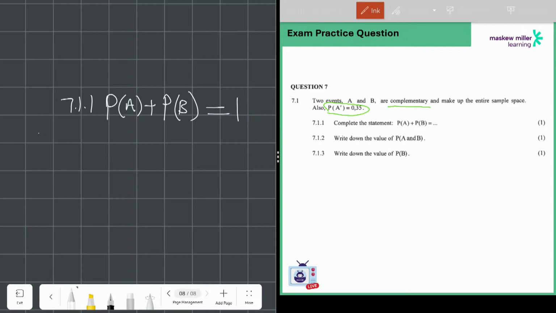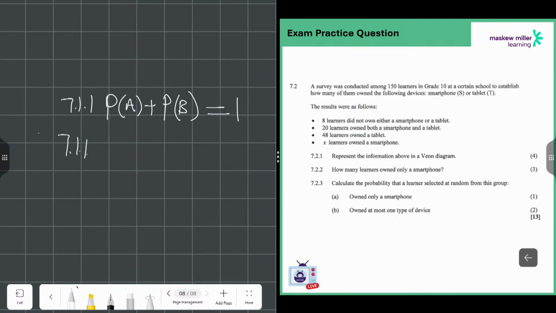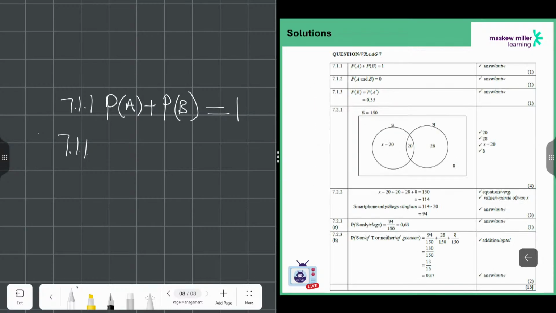Now for here, we would have to first find the probability of A and the probability of B. They said it's complementary, and the only thing that we know now is that we have this whole sample space. So quickly, you can just write what you have to do, and you can see that the probability of A will then be what it is not, which will be the probability of B. So since we don't have time, I'm just going to quickly show how that was worked out.